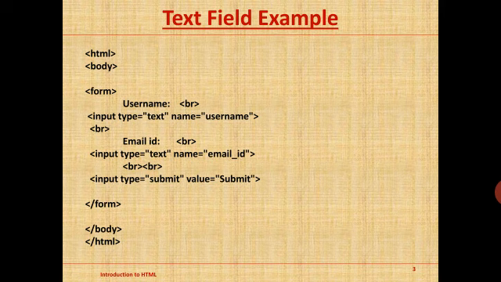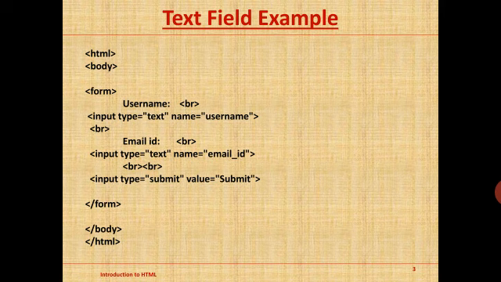The name of the text field is username. Second text field is email ID. Hence, input type is text, name is email ID. Finally, we have a submit button. After that, we are closing the form and we are closing HTML tag.